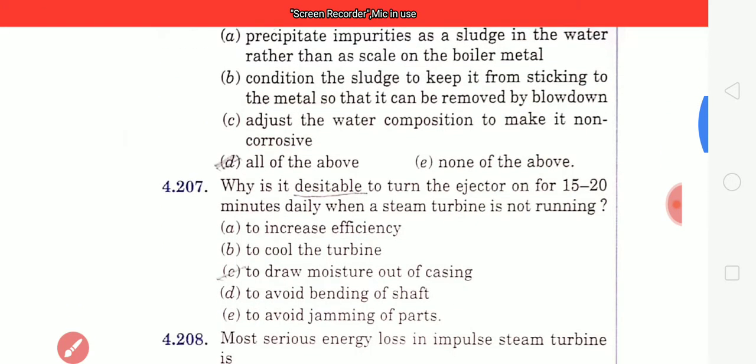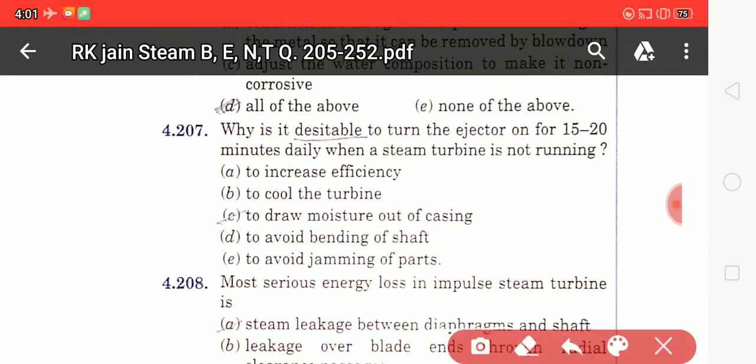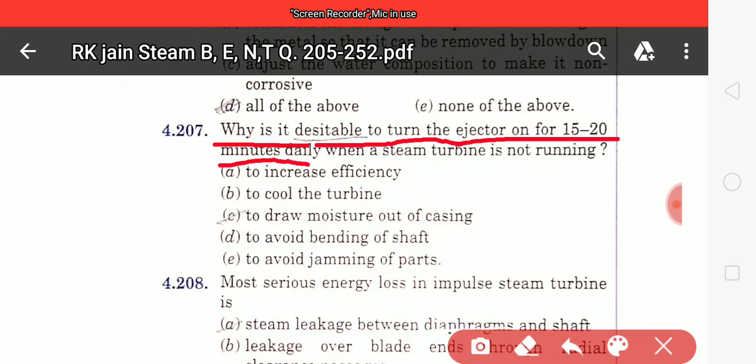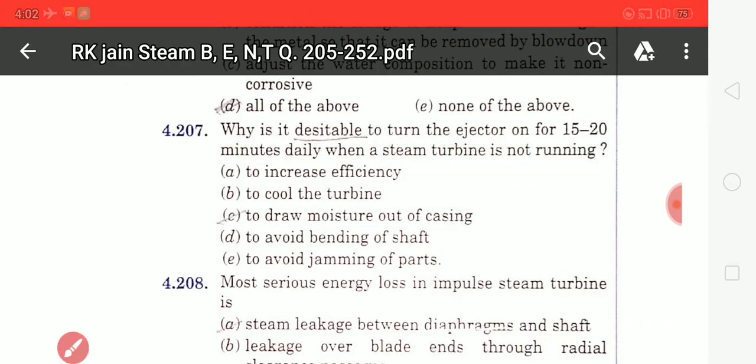Next, why is it desirable to turn the ejector on for 15 to 20 minutes daily when a steam turbine is not running? Answer will be to draw moisture out of the casing.